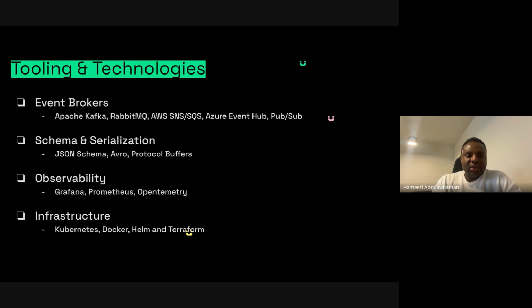So let's move on to tooling and technology. I think I've made mention of event brokers: the first one is Apache Kafka, then RabbitMQ, AWS SNS and SQS, and Pub/Sub by Google itself. These are various event brokers.